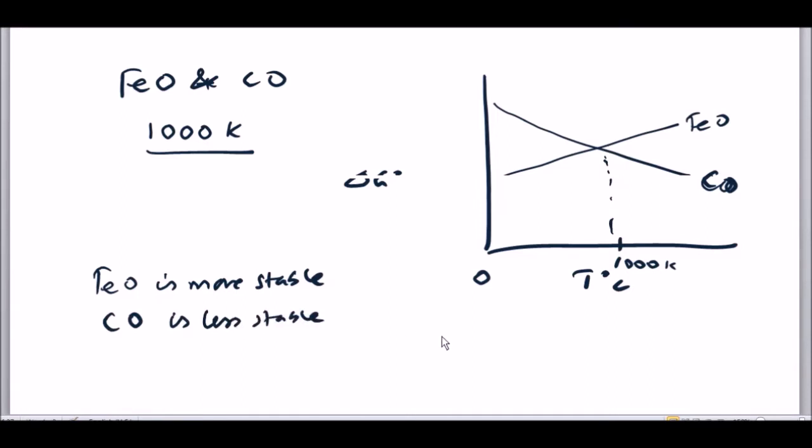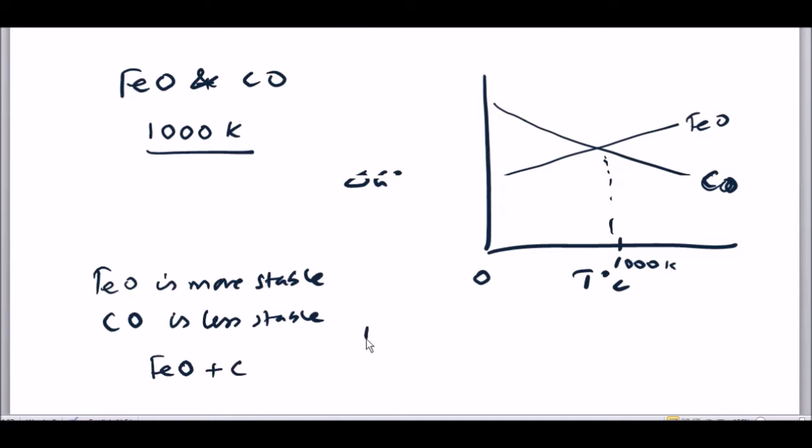And hence in this particular temperature range, for the reduction of FeO, carbon cannot be used just below this temperature as a reducing agent.